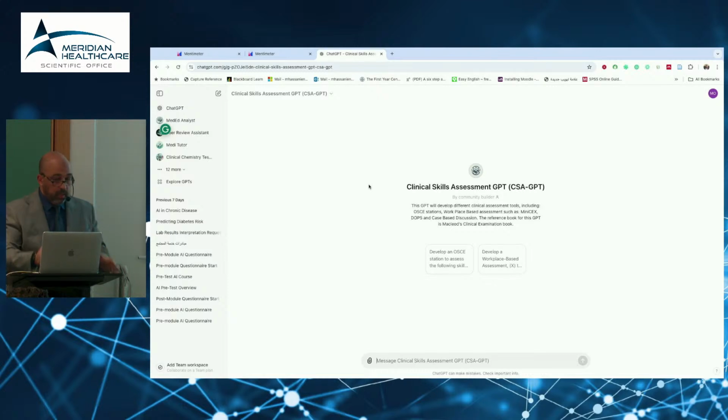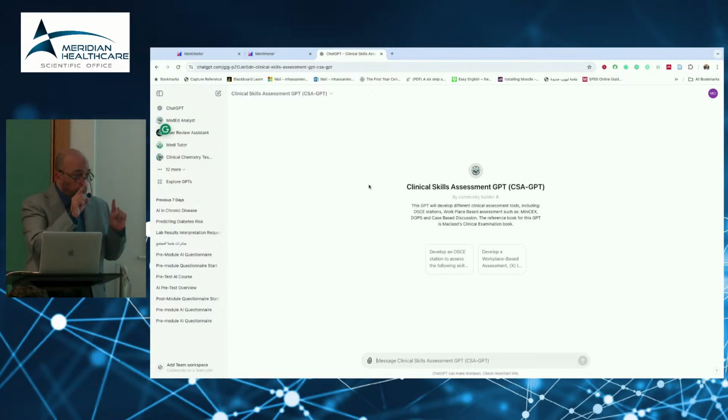Explain and ask it more and more. So it will write or generate some text related to this. Okay, Control C, Control V, like this.